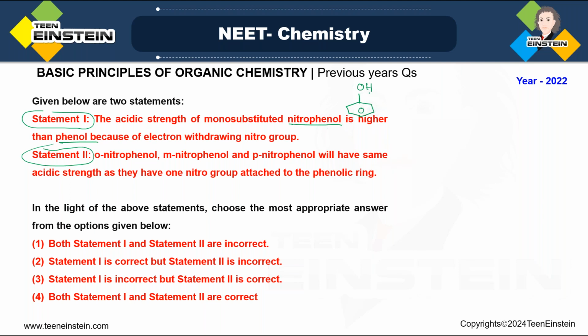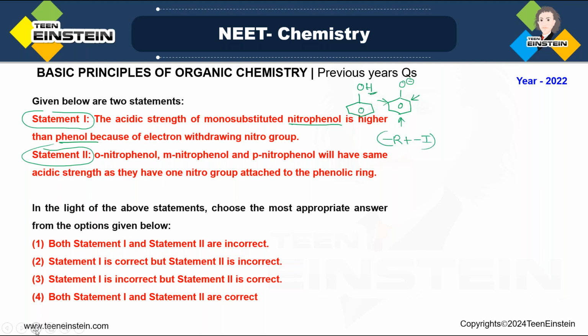Now acidic strength means if you remove this hydrogen, what do you get? You get phenoxide ion. Now this phenoxide ion, the negative charge will be stabilized if there is some NO2 group present at any position. Now it is true that if the NO2 group is present at ortho position and para position, then NO2 will be able to show minus R effect as well as minus I effect, both.